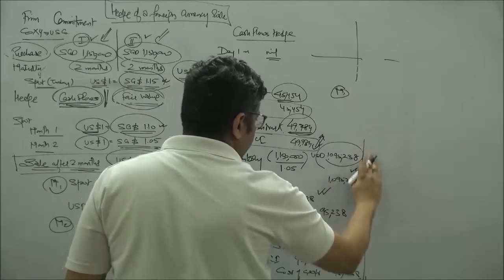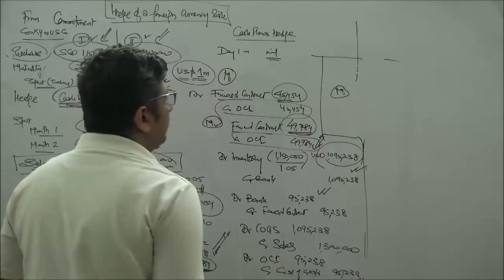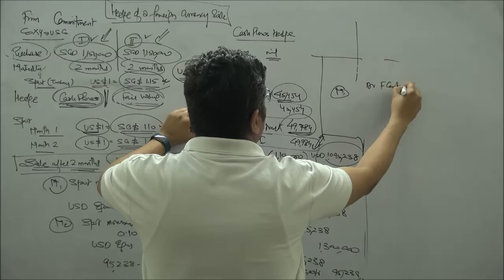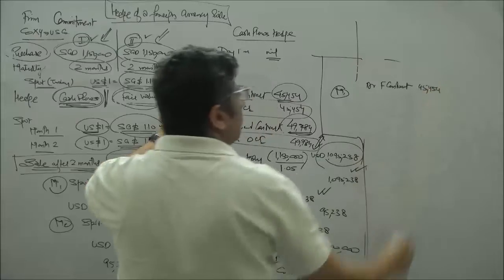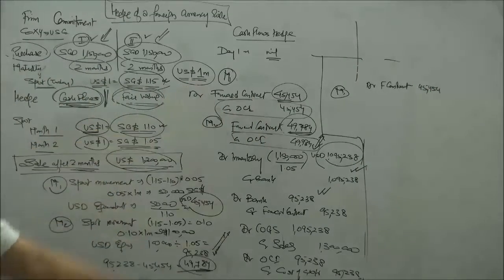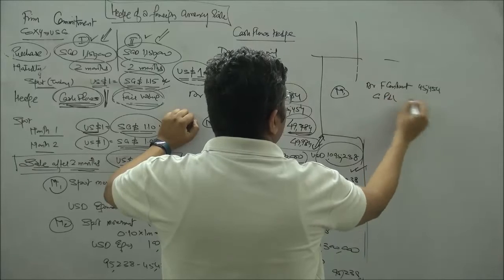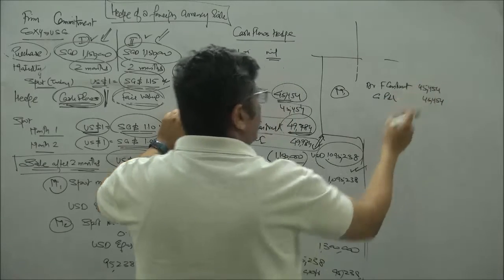So let's use the space like this. We say debit forward contract 45454, the same entry, credit P&L. That's the whole perspective.